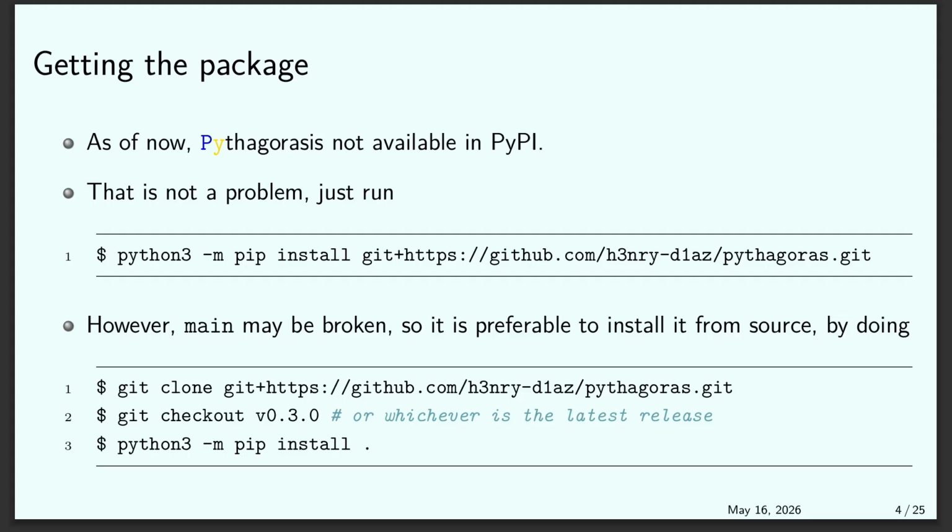Instead, you should git clone it, look at the releases, and say, okay, git checkout, and the version, whatever the last version was. In this case, the last stable version right now is 0.3.0, and then you just pip install it as you would with any other package.